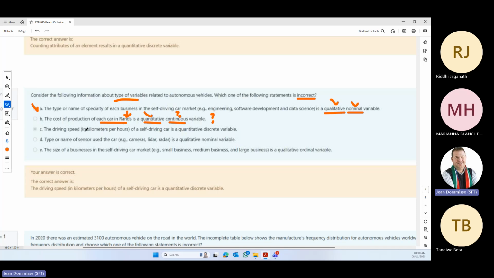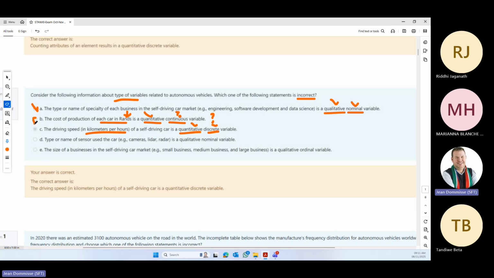The same goes for driving speed in kilometers per hour of a self-driving car: quantitative, yes. Discrete, yes, but now that is set as the incorrect one.